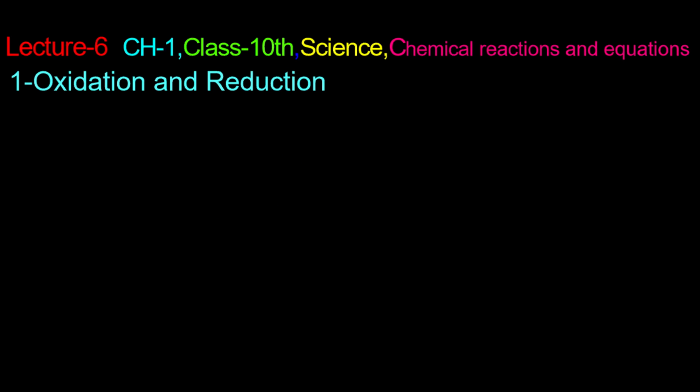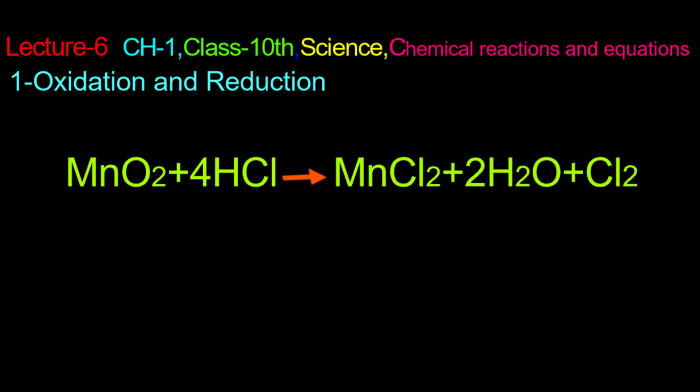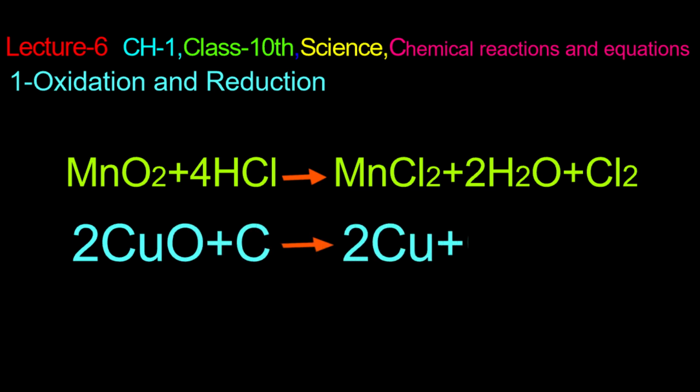See a few more examples. MnO2 plus 4HCl give MnCl2 plus 2H2O plus Cl2. And another reaction, CuO plus C produce Cu plus CO2. In both of these reactions, one reactant is oxidized and other is reduced.